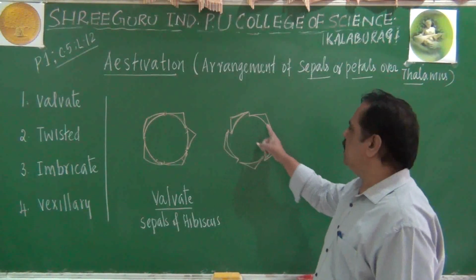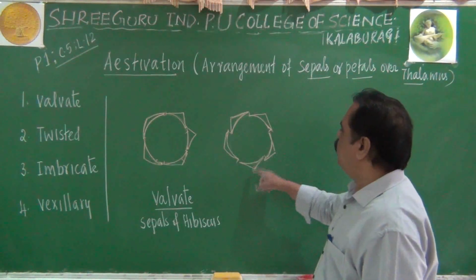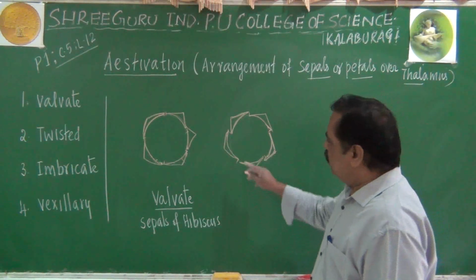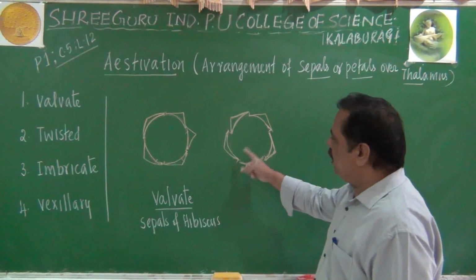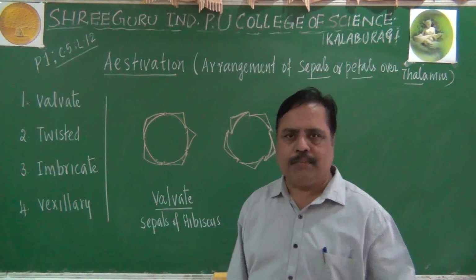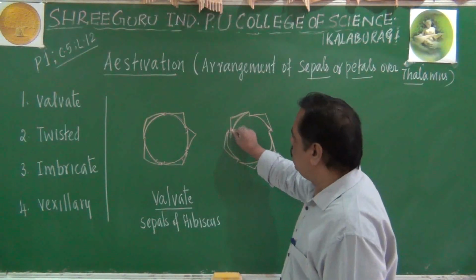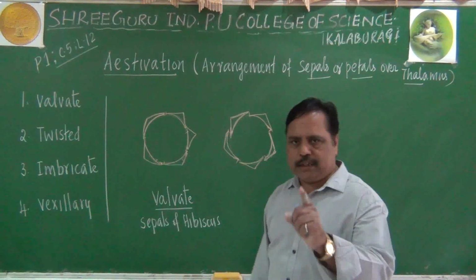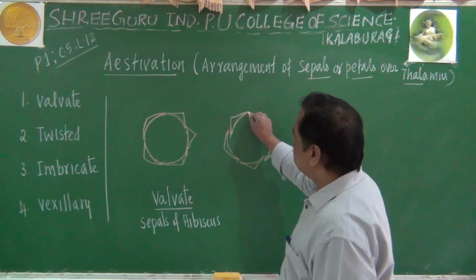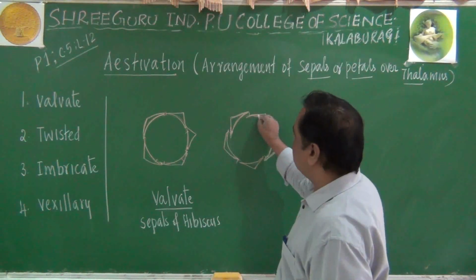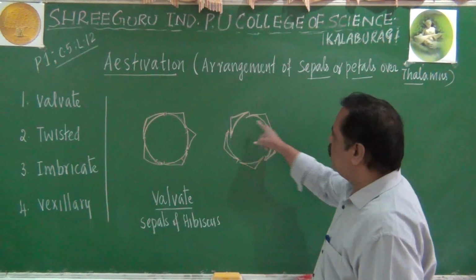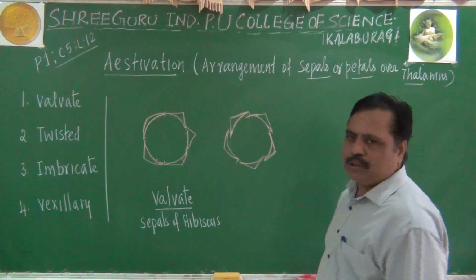In this, one margin of each petal will be inside and another margin outside. They overlap the neighboring petal: one margin inside, one margin outside.